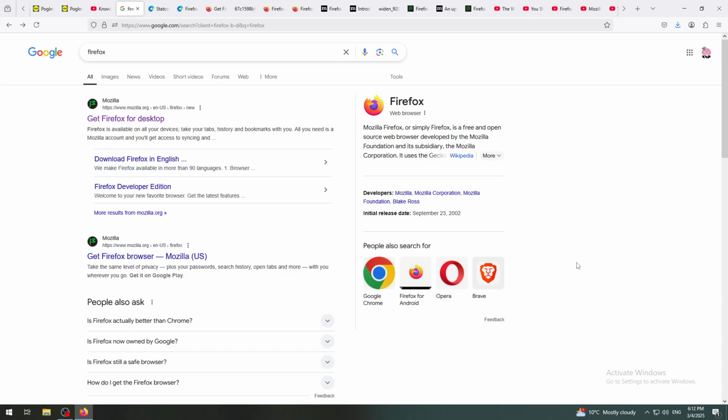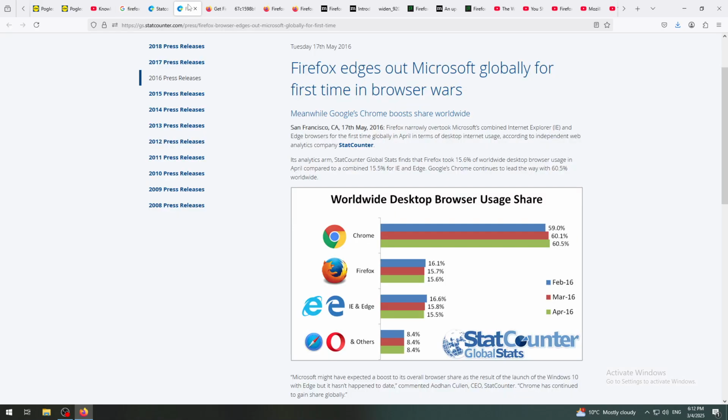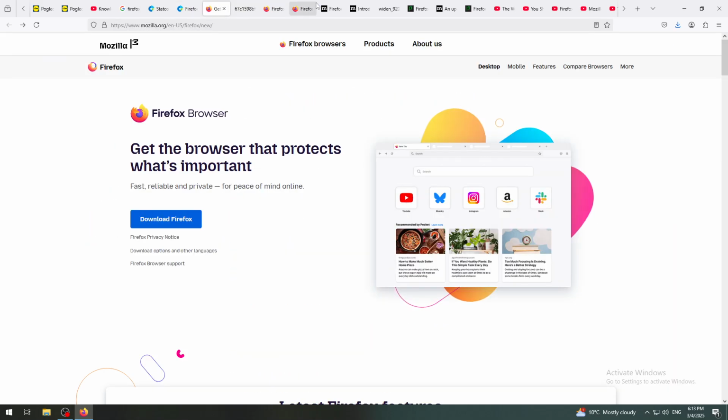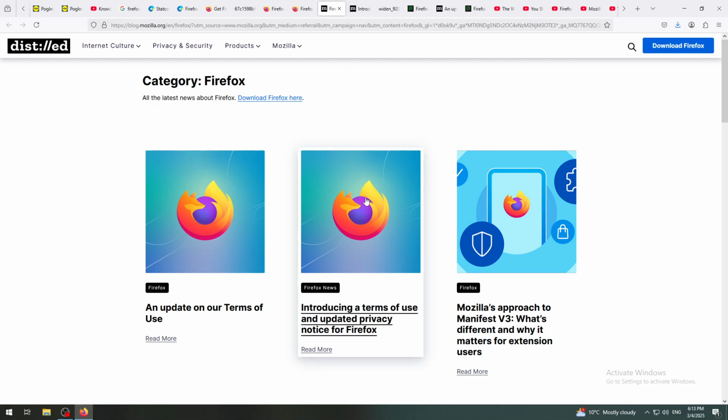I have installed some kind of Wolf, LibreWolf or something like that, which is also based on the same engine as Firefox, but it doesn't have those terms of use and update of terms of use and privacy and so on. So I will talk about a couple of different browsers like that.